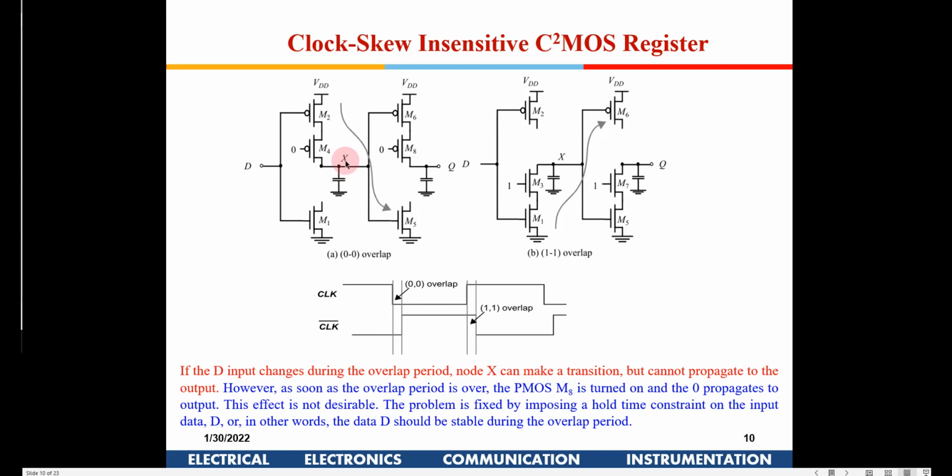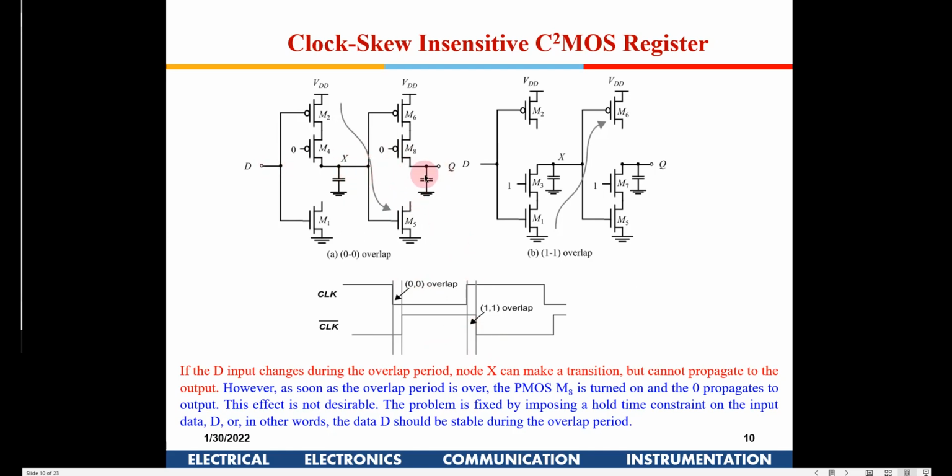Only thing is that it has not got reflected at the output, because we didn't have this transistor here. But subsequently, when the clock is going high, whatever node output is available, and inverted will be available here. Okay, so that is an issue with both these issues.